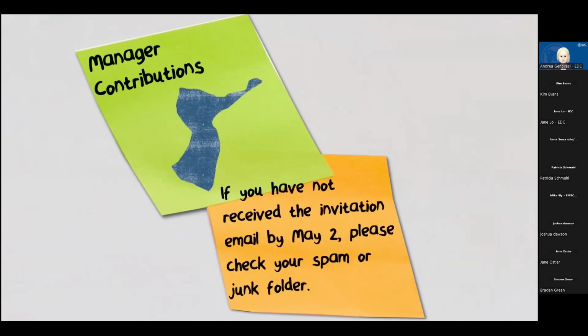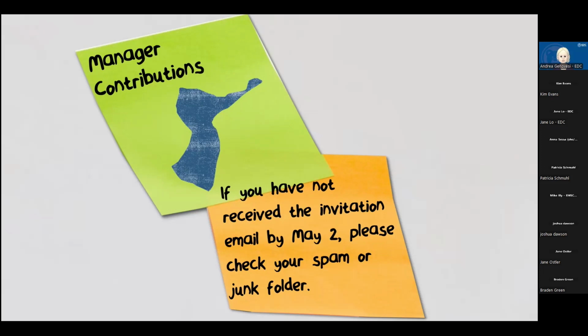Here's one example: including in the pre-notice, which is sent by managers, that if you haven't received the invitation by this date, you should check your junk or spam mail. This is more applicable to the EDC-led process, but it's still important.